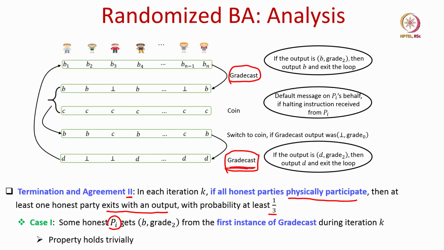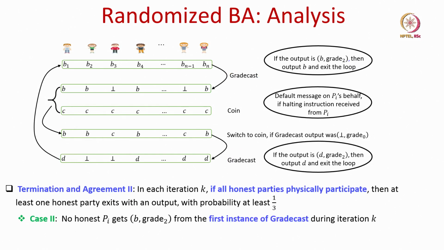This is because since Pi has obtained B with grade 2 from the first invocation, it is guaranteed that either from the same invocation everyone else terminates with highest grade output B, or, if that is not the case, from the second invocation of Gradecast during the same iteration k everyone else would have terminated. So, no probability is associated; that is a 100% guaranteed event.